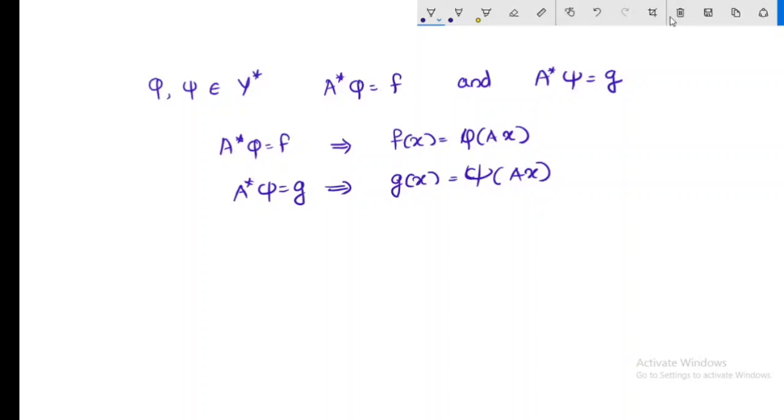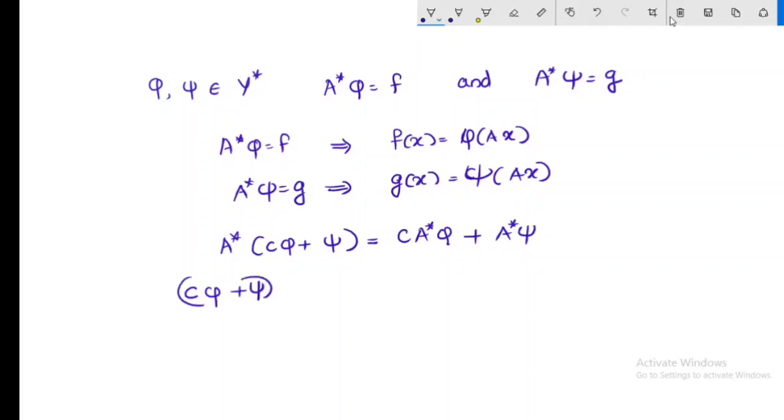Now what do we have to prove? We have to prove A star of c phi plus psi is equal to c A star phi plus A star psi. Now what is actually c phi plus psi of A of x?